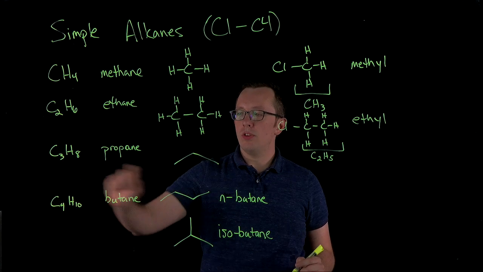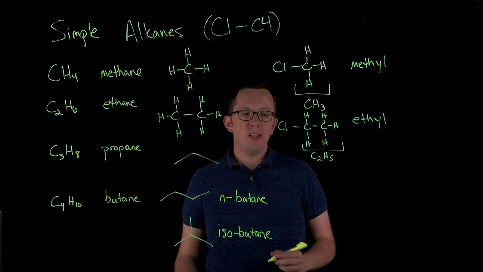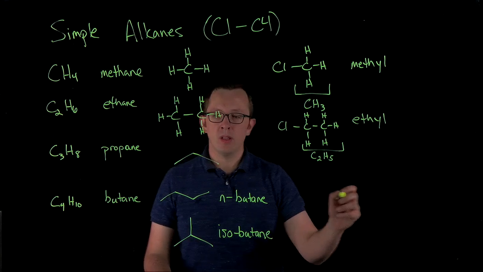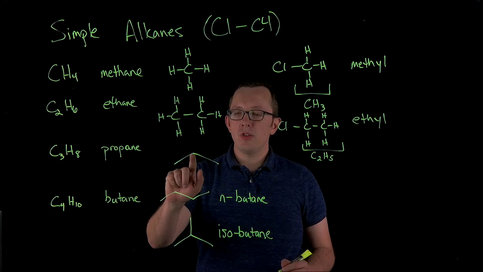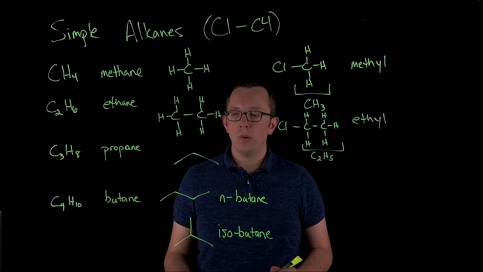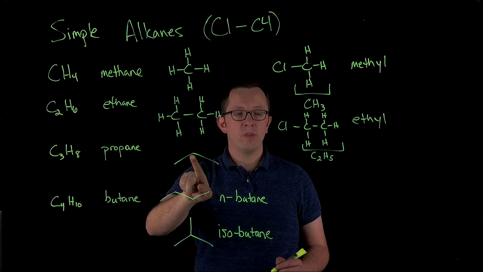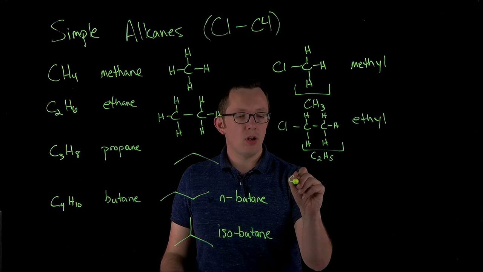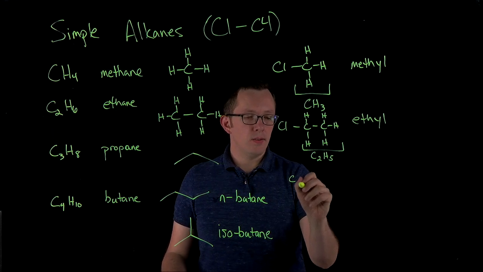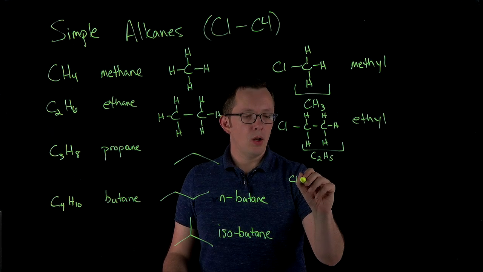Okay? We can do the same thing with propane. With propane, things get a little bit more complicated because we have 2 different positions where we can replace a hydrogen. We could replace a hydrogen on the end, or we could replace the hydrogen in the middle. If we replace the hydrogen at the end, so there's our chlorine, we'll draw 3 carbons.